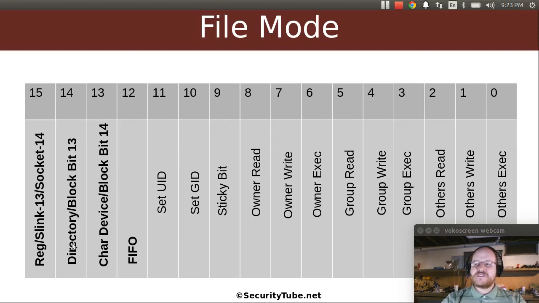Notice that bit 14, if it's all alone, the only bit set, becomes a directory. But if bit 13 is set, as we said already, this is a block device. If bit 15 is set by itself, then this is a regular file. If 13 is also set, it's a symbolic link. And if 14, its next door neighbor, is set, it is a socket. So that's the file mode.